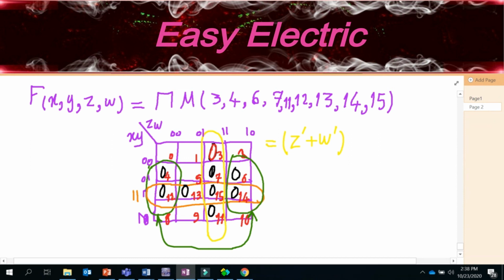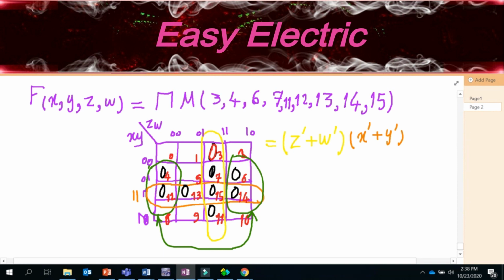So if you move around the whole group, you have 1 and 1, and 1 and 1 will get the prime. That means you should have X prime plus Y prime for this group that you see.